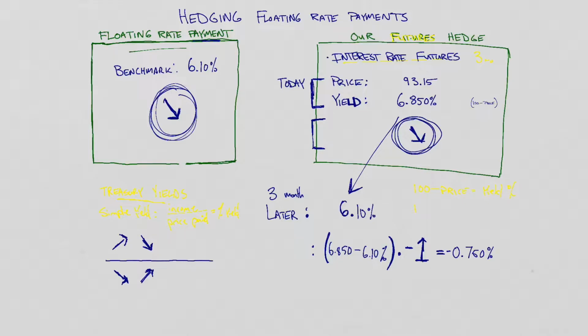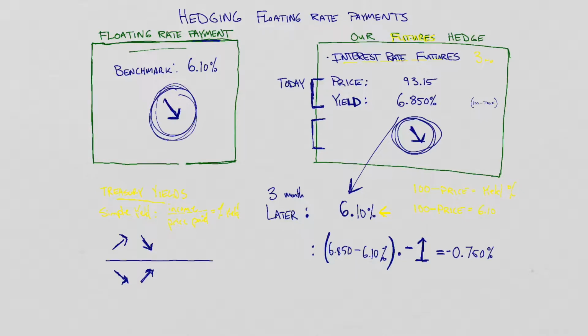So, for example, if we look at this 6.1%, you were given this yield, but you can back out the price of what this yield implies by this same approach.